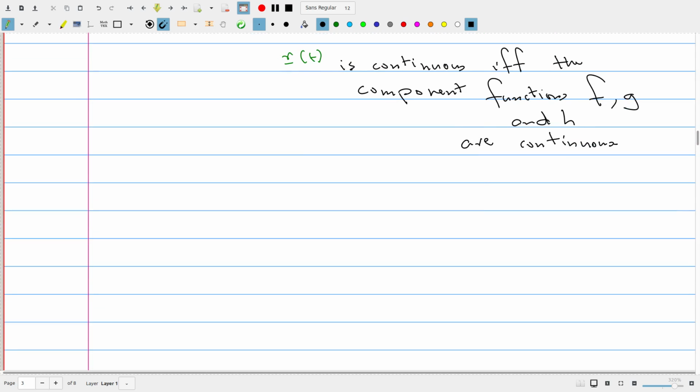Okay, so now that we've gotten the basic ideas about limits and vector functions out of the way, we'll look at space curves.